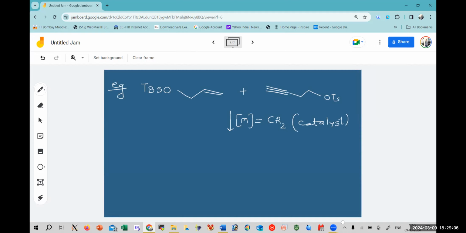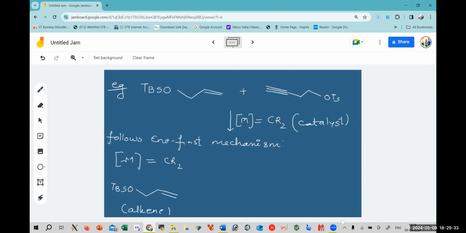Now, as we have said, it will follow the ene-first mechanism. That is, M=CR2 is going to react with your alkene part first.